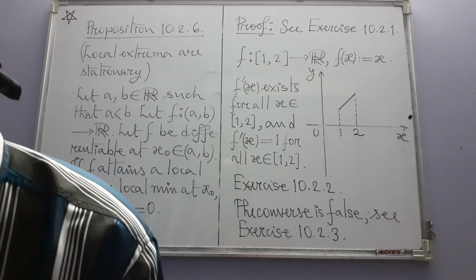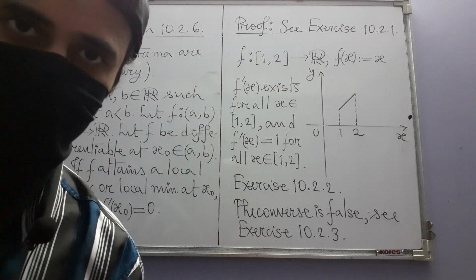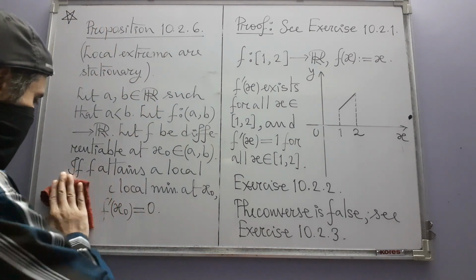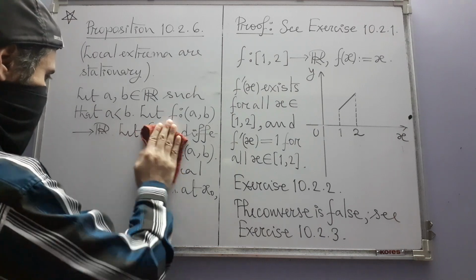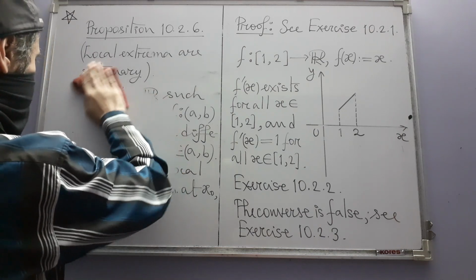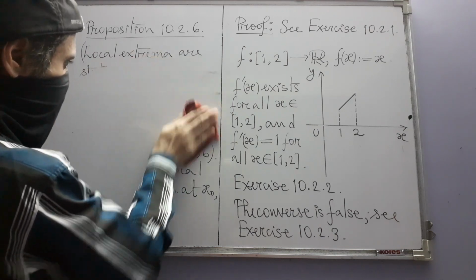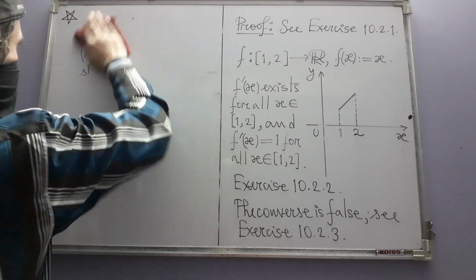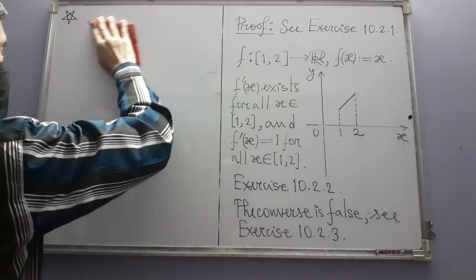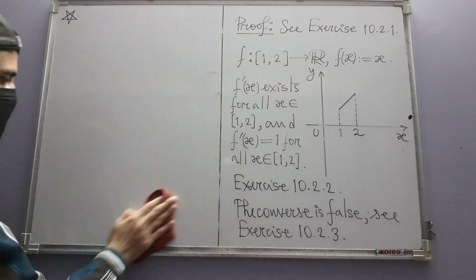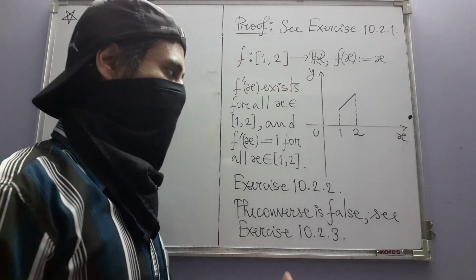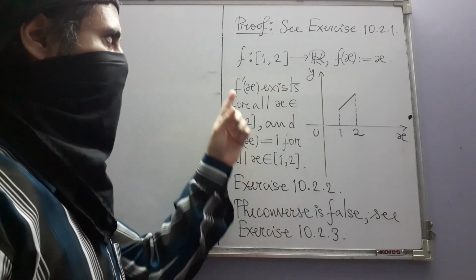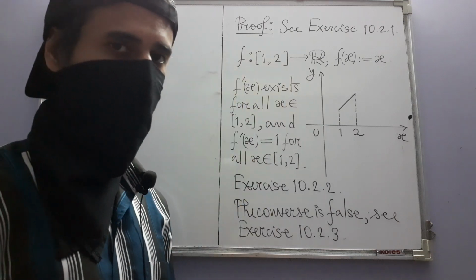Now, if one combines this proposition with the maximum principle from the previous chapter, you remember the maximum principle? It says that if there is a real valued function defined on a closed bounded interval like this, and such that the function is continuous throughout its domain, then the function has a global maximum and a global minimum at some points inside the domain.